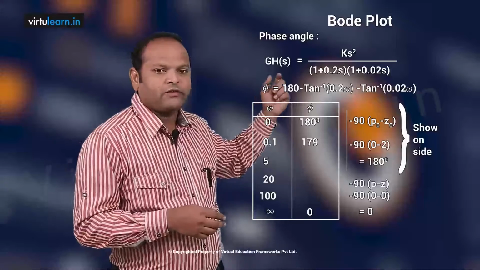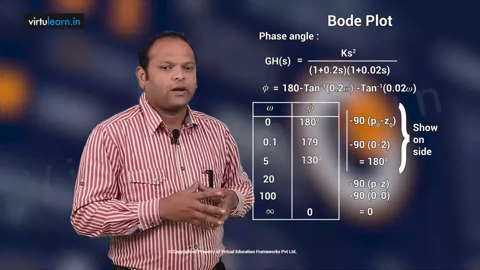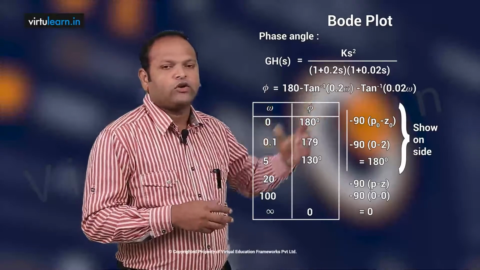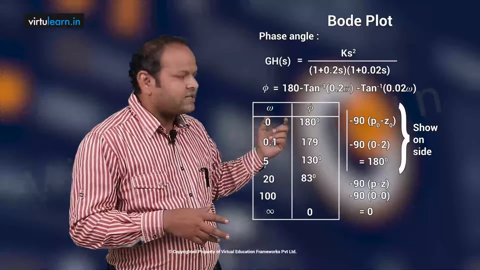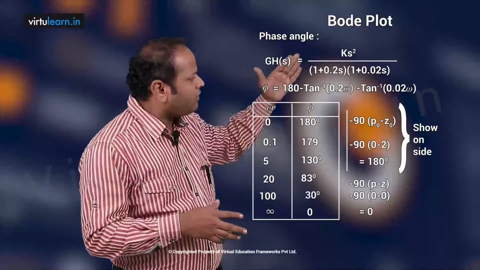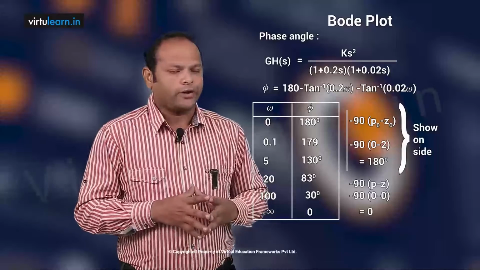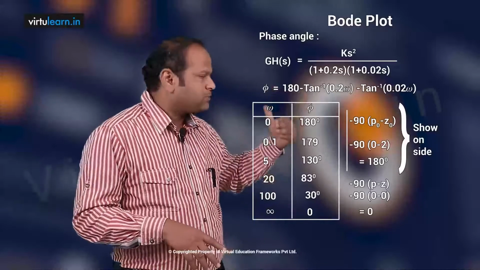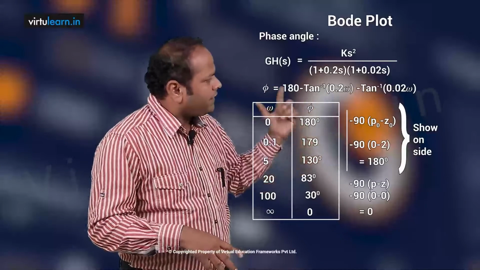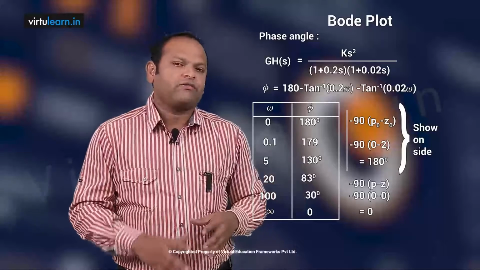When it is 5, it is going around 130 nearby. When it is 20, then it is going to be 83, and like that for 100 and 30, we have values like this. So, plus 180 to 0 it is going. Using these points, I can locate them and draw a smooth curve, which is the phase plot.